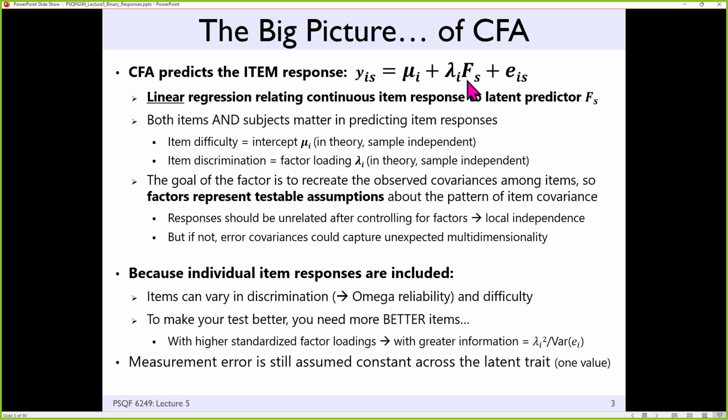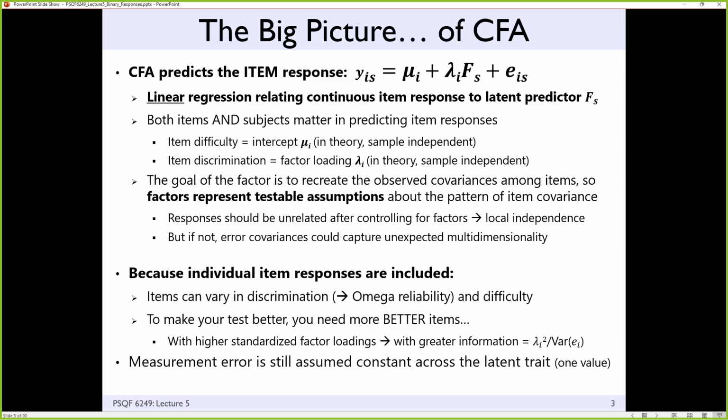So the logic of CFA then is that if this model is right, if all of these items measure 1 factor, then I should be able to recreate the covariances among the items with the loadings on the factor. And to the extent that the loading predicted covariances match those of the original data, I'm good.